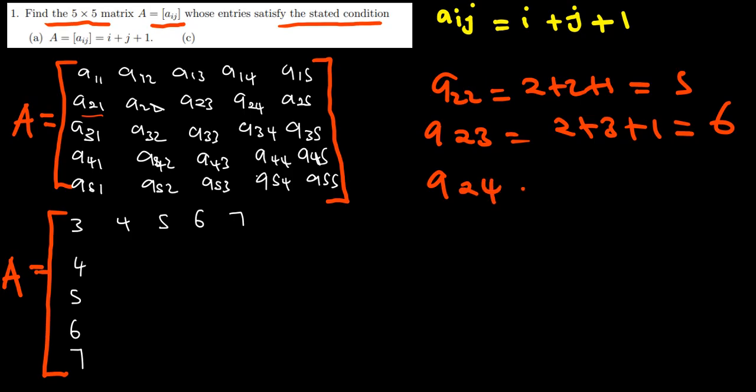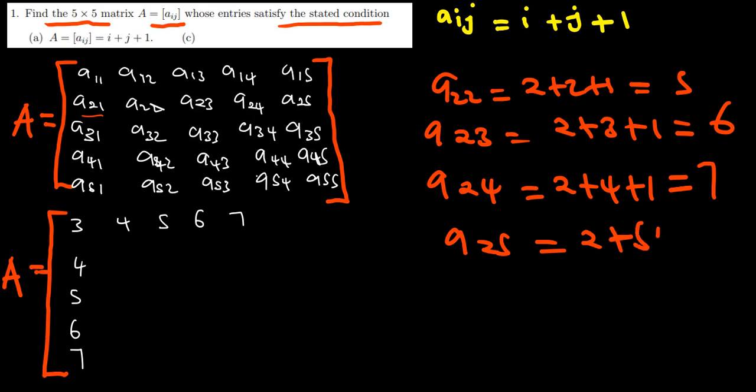A24 will be 2 plus 4 plus 1, which is 7. A25 will give us 2 plus 5 plus 1, which is 8. You see that the numbers just keep increasing. The 4 is the first one, and from here the next ones are 5, 6, 7, 8.